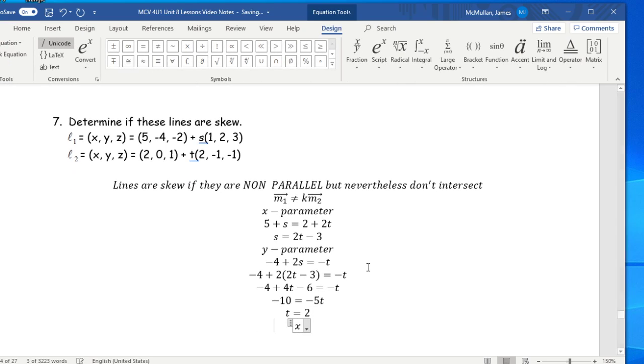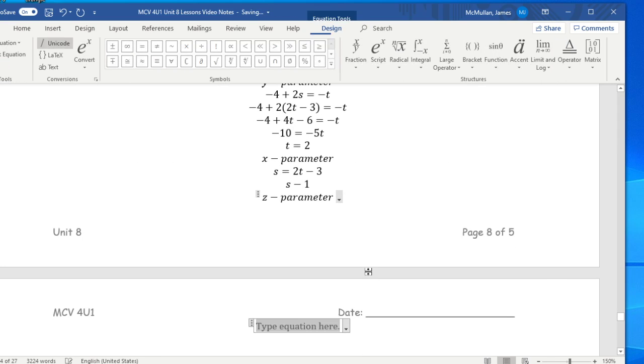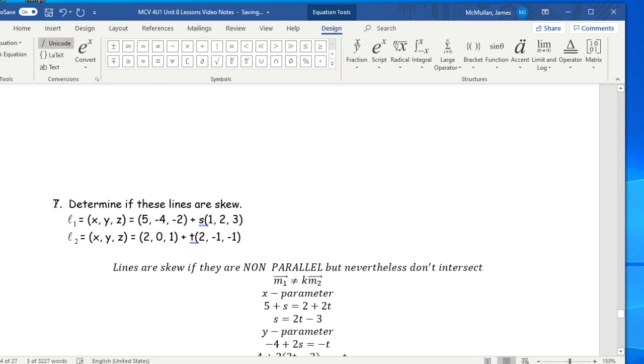We go back to the x parameter, and we sub in t is 2, so we know s is 2t minus 3, so s is 1. 2t would be 4, take away 3 is 1. Quickly double check that I did that right, but I believe I did. Now we go to the z parameter, and we just check the work.